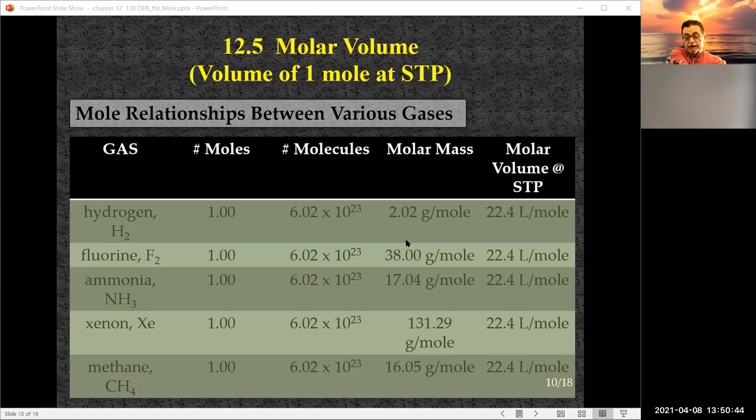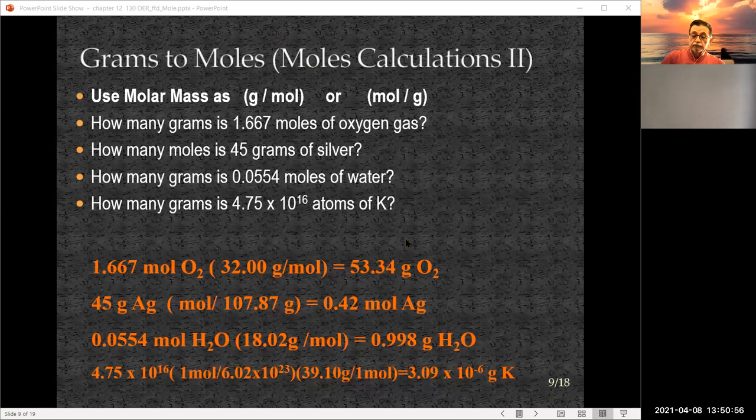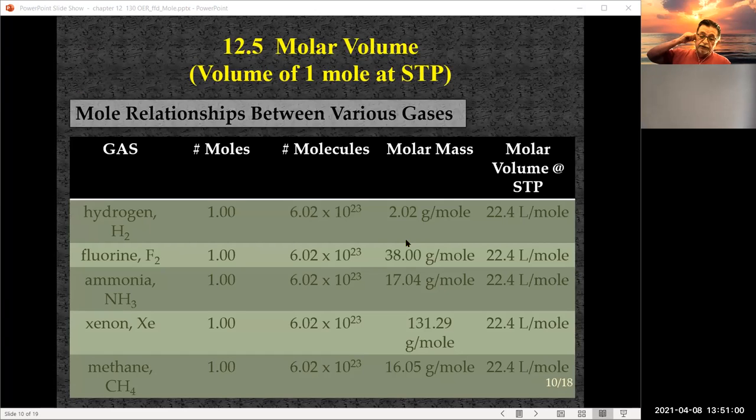And it's a gas, hydrogen gas. They didn't say hydrogen atom, they said hydrogen gas, and it's diatomic. Fluorine is also diatomic, and therefore its molar mass is 38. Ammonia, you add up the nitrogen, you add up the hydrogens, you end up with 17.04 grams per mole.